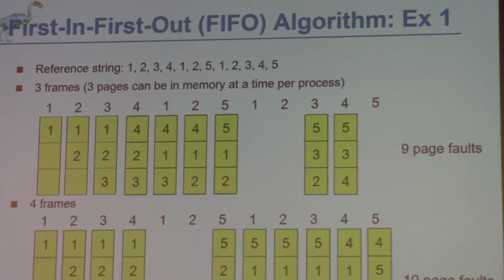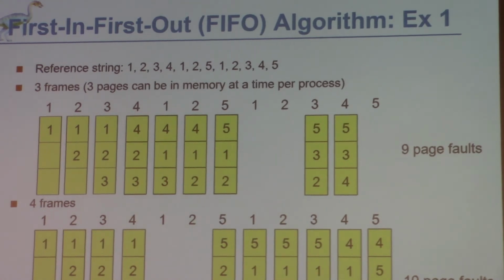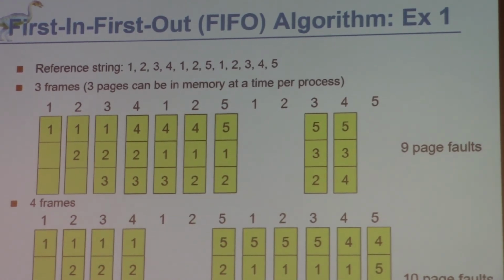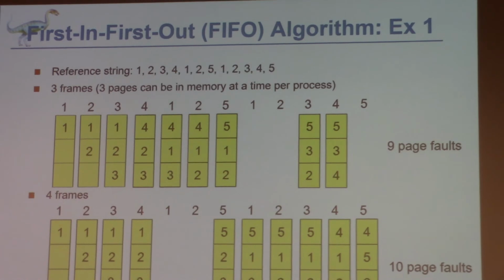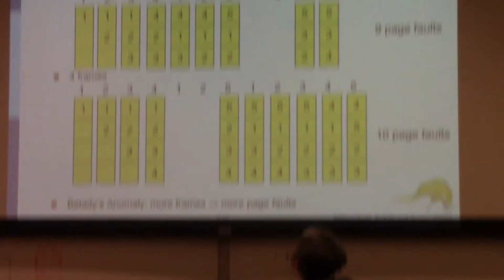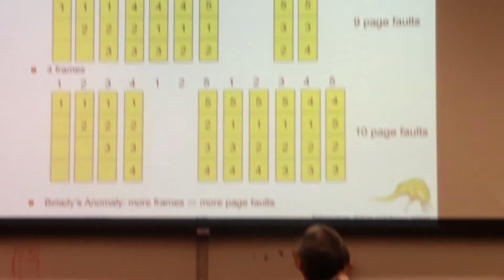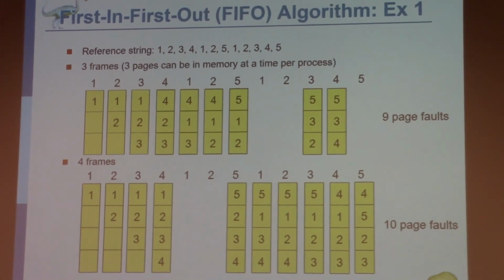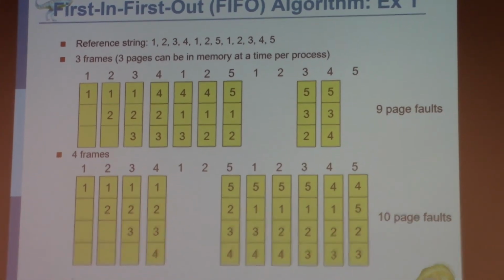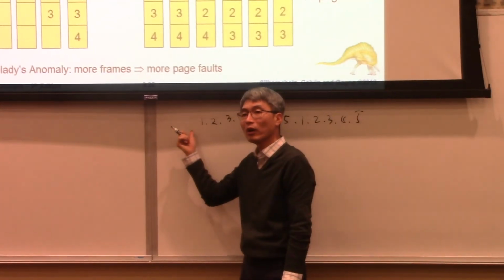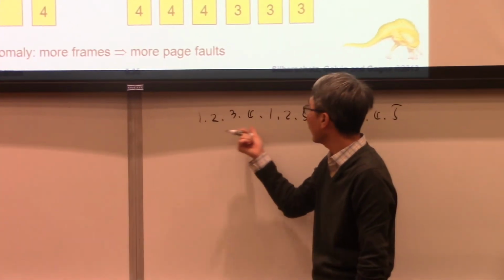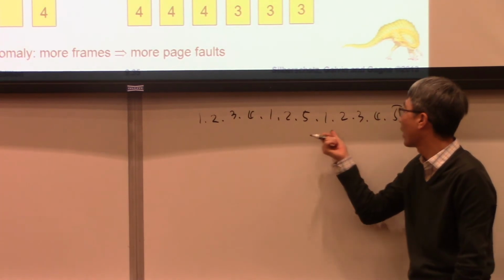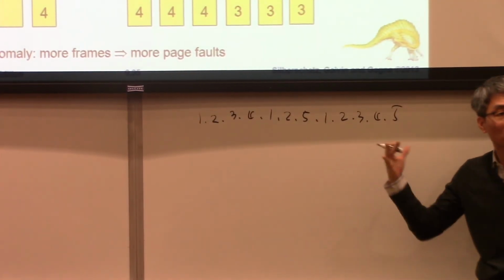This slide is a little bit confusing sometimes, so let's check. We have 1, 2, 3, 4, 1, 2, 5, 1, 2, 3, 4, 5. This is a reference string, which means the CPU would like to read page numbers 1, 2, 3, 4, 1, 2, 5, 1, 2, 3, 4, 5 in this order.